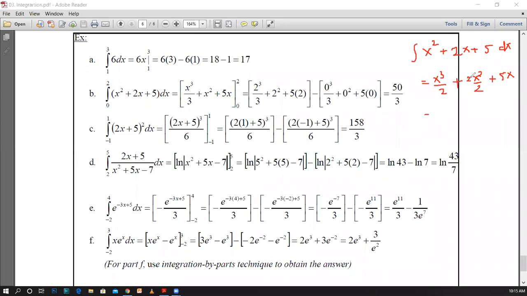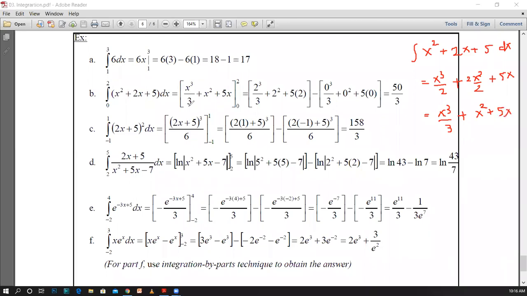Prior to substituting the values, it is better to simplify this calculation. Here x cubed divided by 3, plus, here it is x squared, and plus 5 times x.